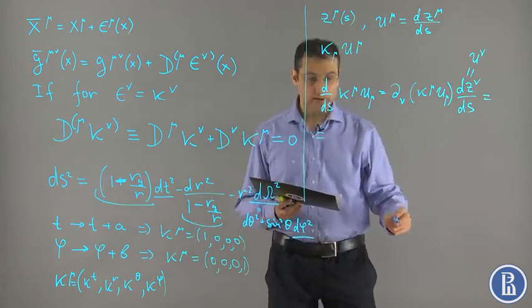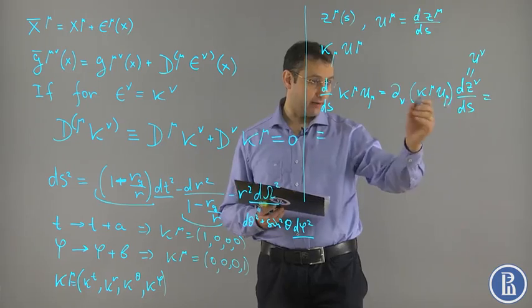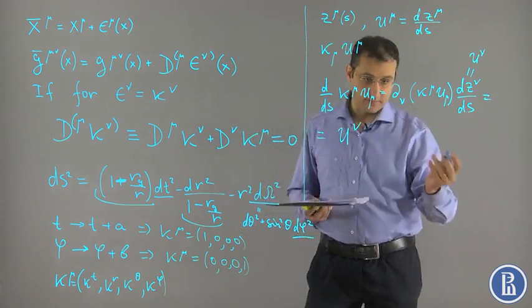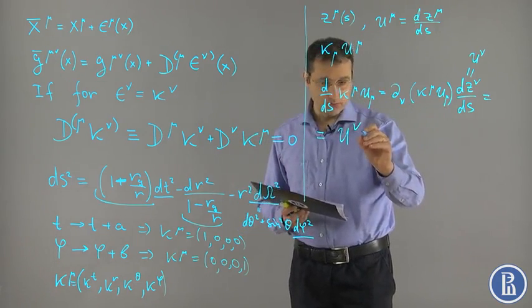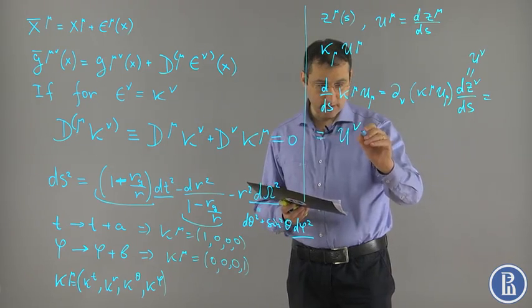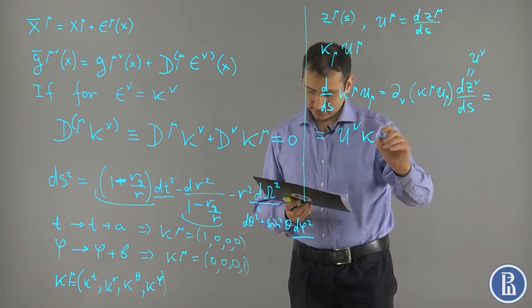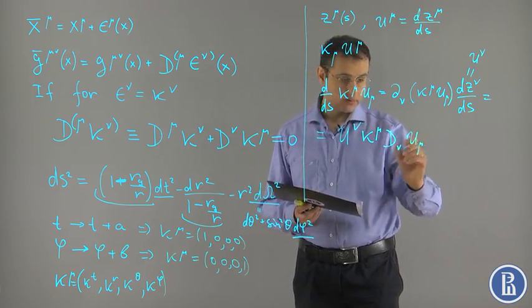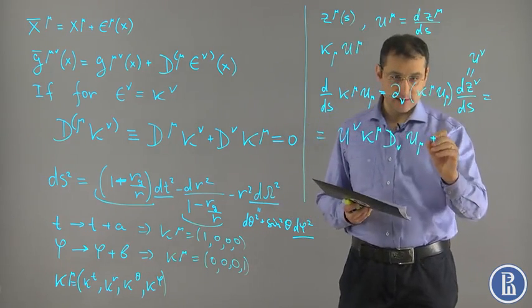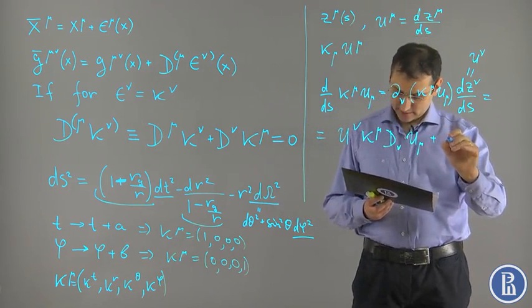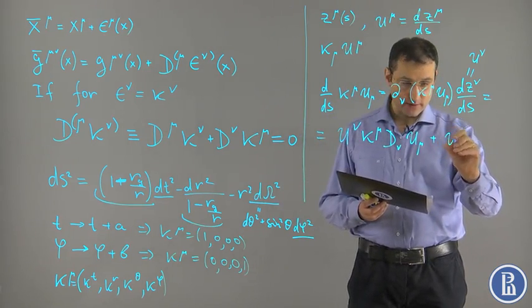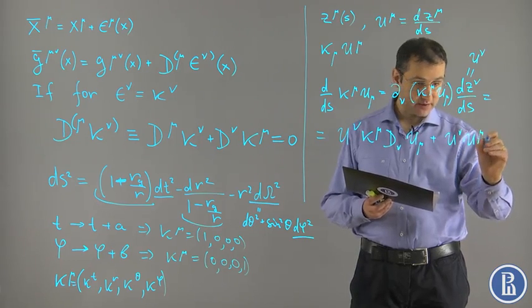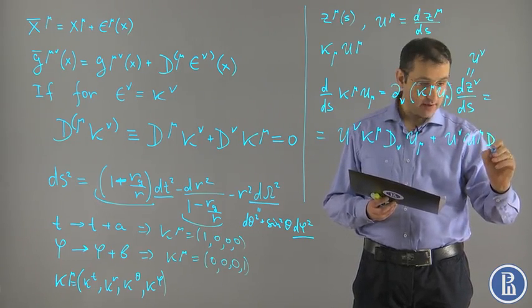And now we take the derivative of this. By the Leibniz rule, we get k mu times u nu d nu u mu, plus u nu u mu times d nu k mu.